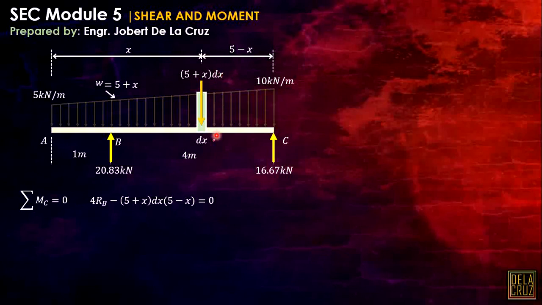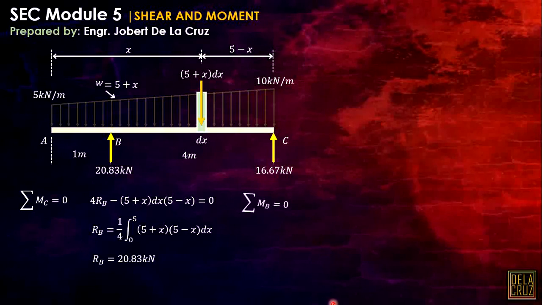Moment arm is 5 minus x equals to 0. Then, i-transpose natin tong whole term na to. Then, i-integrate natin. I-factor out lang natin yung 4. Okay? That will be 1/4. Then, integral from 0 to 5. Yan yung limits natin. Okay? So, using the calculator, hindi na natin kailangan gawin yan. And, it will give us this one.